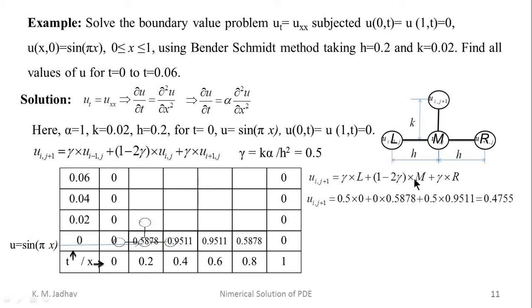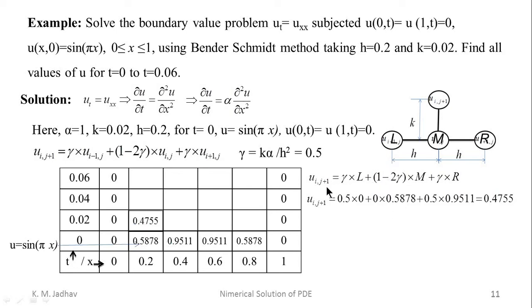So 0 into middle value, the middle value is 0.5878, which is written here, plus gamma into right hand side value. The right hand side value is 0.9511, which is written here. If we calculate this, we will get u is equal to 0.4755. So we can write here.